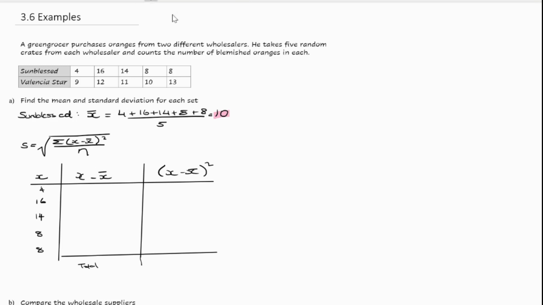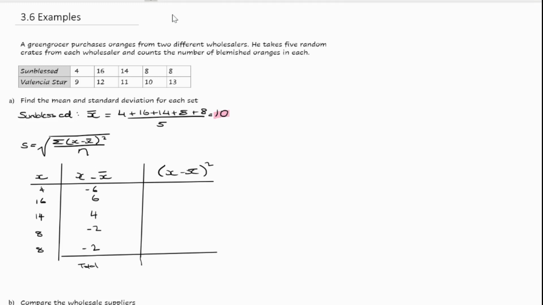So for the first one, I'm going to have 4 take away 10, which gives me minus 6. 16 take 10 gives me 6. 14 take away 10 gives me 4. 8 take 10 gives me minus 2. And then a further 8 take away 10 is also minus 2.